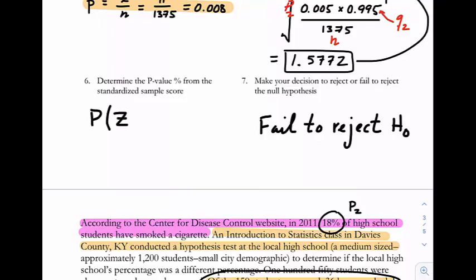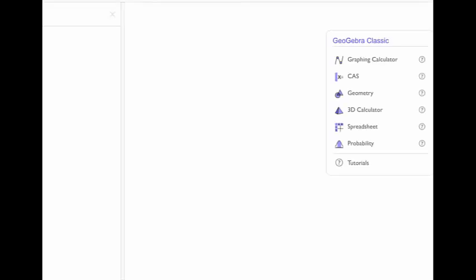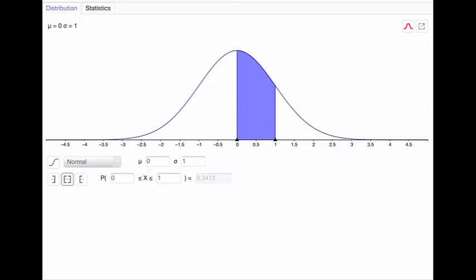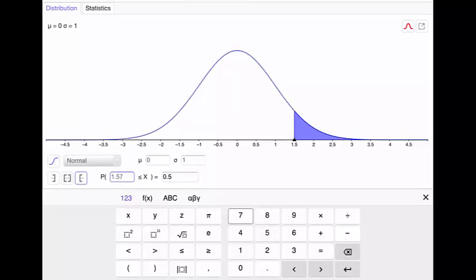Now for the p-value, because we did a right-tail test, the probability that z is to the right of the answer we got from step 5, 1.5772. Let's jump back over to GeoGebra. Right-tail test, then that middle box there, put in the 1.5772.